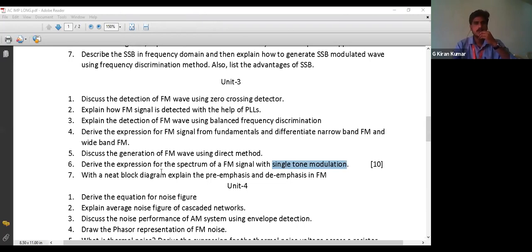Due to network issue, you can see the last question. Here they are asking to derive the expression for the spectrum of FM signal with a single tone modulation. Clearly they are mentioning single tone modulation: one complete cycle, positive and negative, with one upper and one lower sideband along with the carrier. You need to derive the expression. If it is an infinite number of lobes, then by using Bessel's function you need to draw that spectrum.